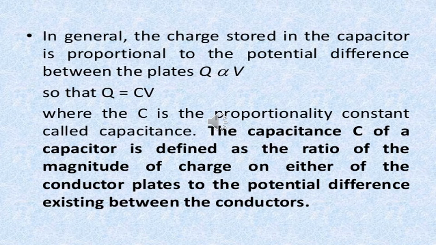So where the C is the proportionality constant called capacitance, the capacitance of a capacitor is defined as the ratio of magnitude of charge on either of the conductor plates to the potential difference existing between the conductors. So nakita naman natin kanina yung direct proportionality ng charges and voltage as well as capacitance.